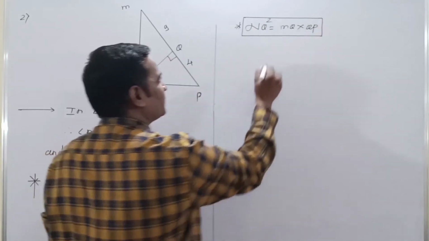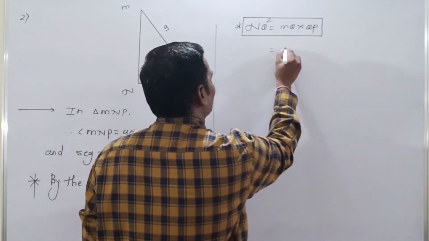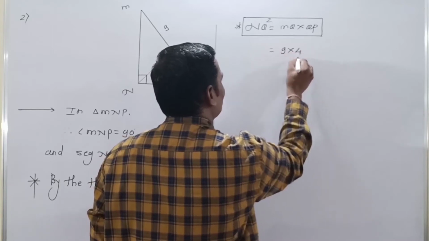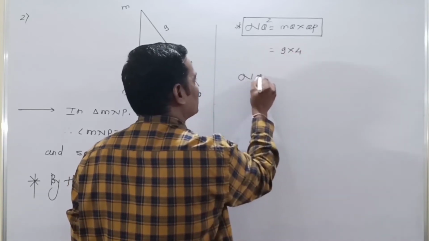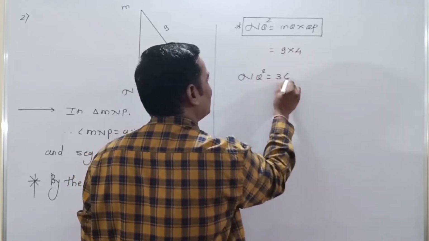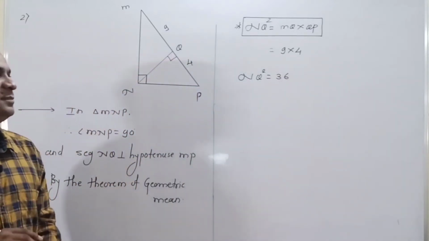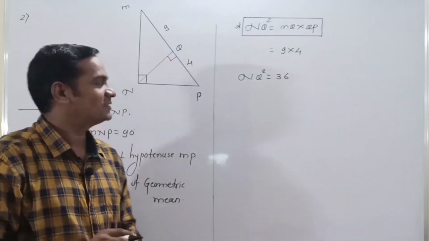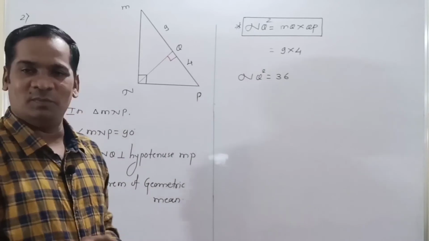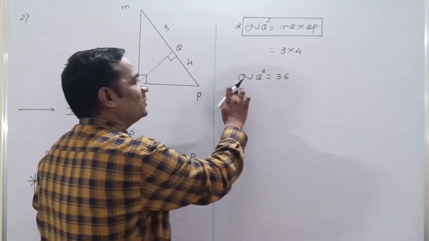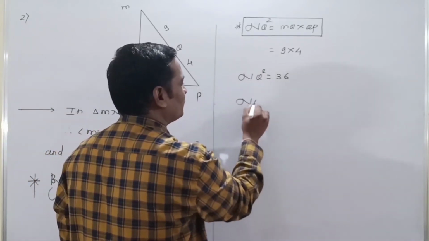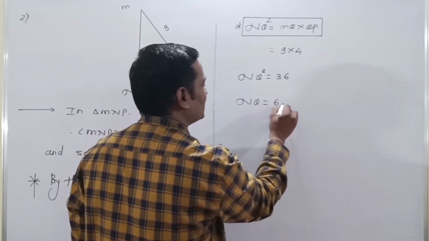So here it is. Let's put down the values then. MQ is 9 into 4. So NQ square is equal to 36. Okay, 9 4s are 36. How simple is this? So let's take the square root of both sides. So square root of this LHS will be NQ is equal to 6 unit.